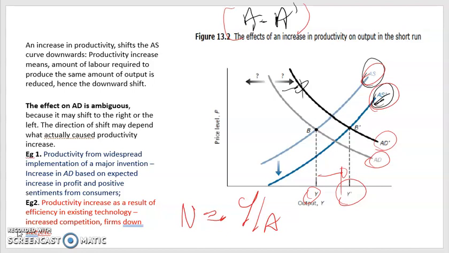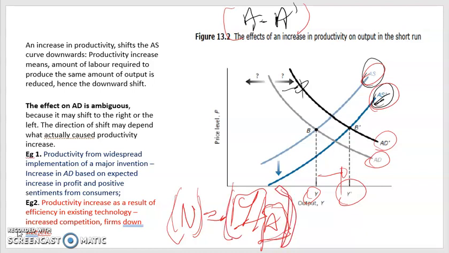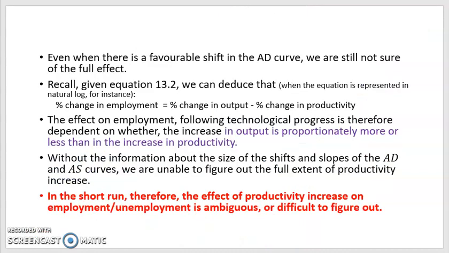So what we're trying to explain is that the impact of A on labor would depend on whether the increase in productivity A is complemented by an increase in output. For N not to decrease, these two need to increase at the same rate. Let's make a conclusion on this.